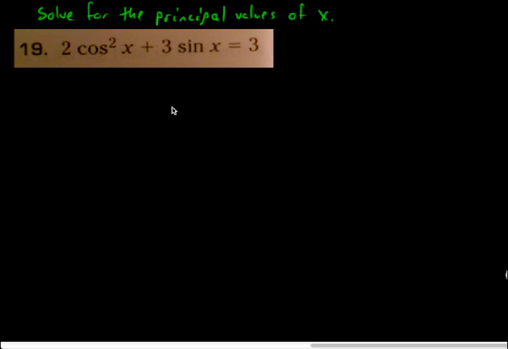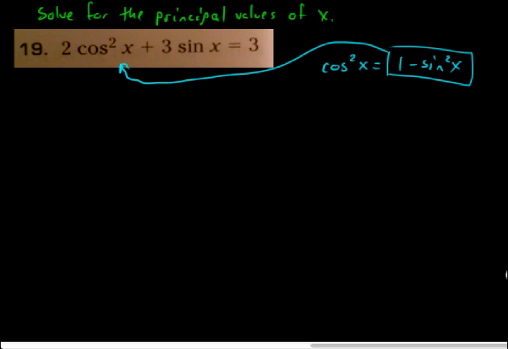If it's sine, I'd be interested in the fourth and first quadrant. So looking at this expression, my first goal would be to rewrite all of this in terms of a single type of trig function, if possible. And sine x, I can't really rewrite in terms of cosine, but cosine squared, I believe I can use modified Pythag. I think 1 minus sin squared x I'll be able to substitute for that. So that will be my first move.